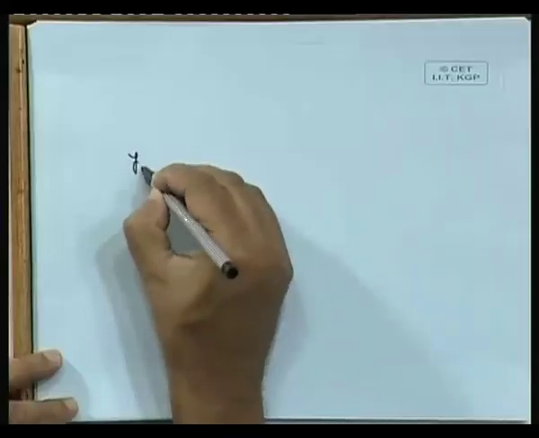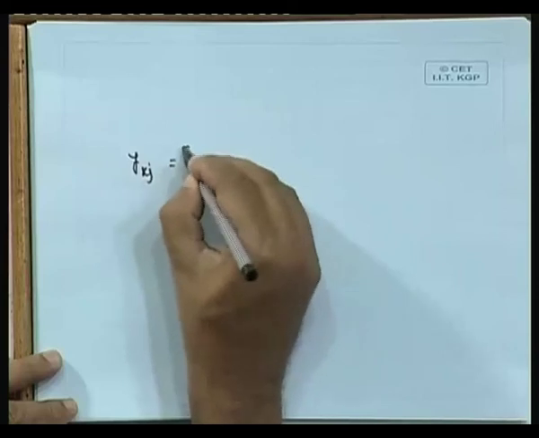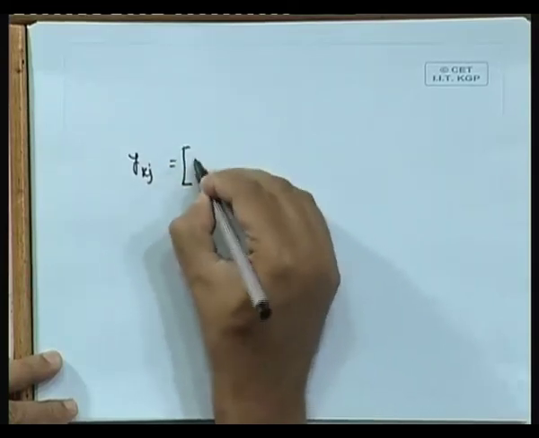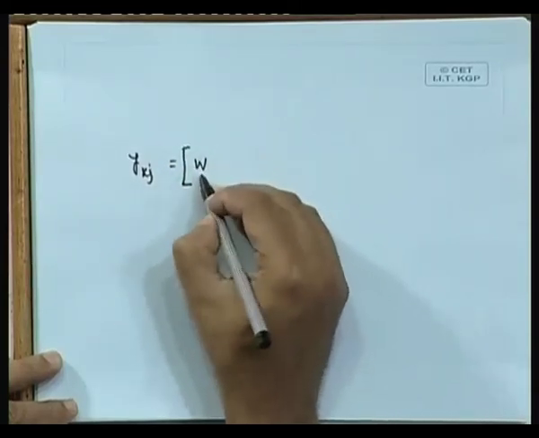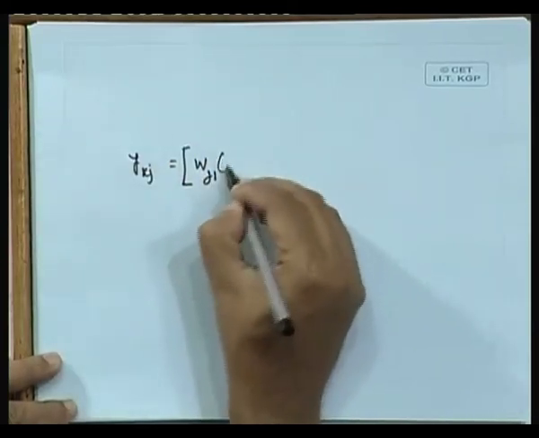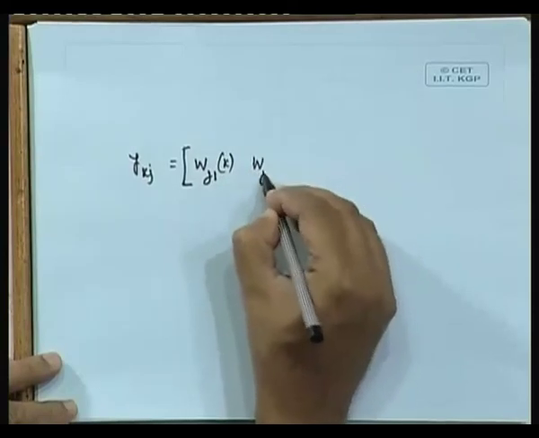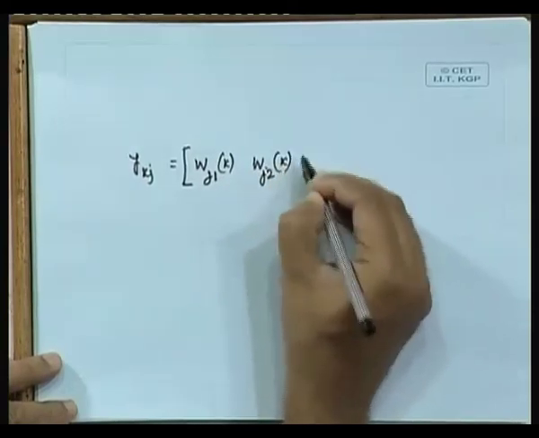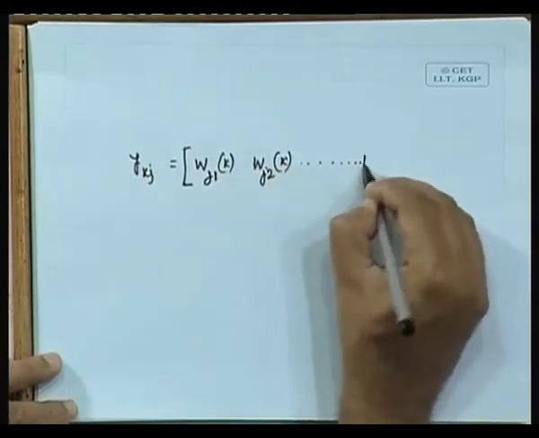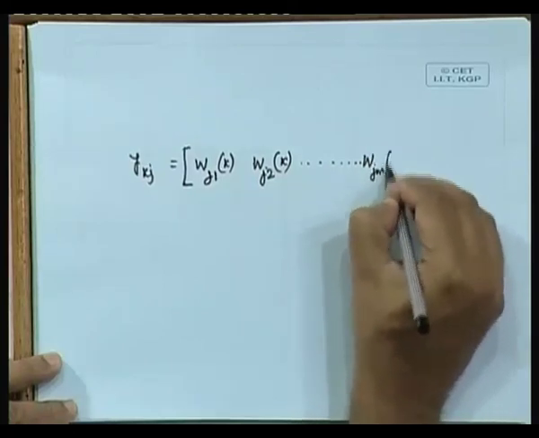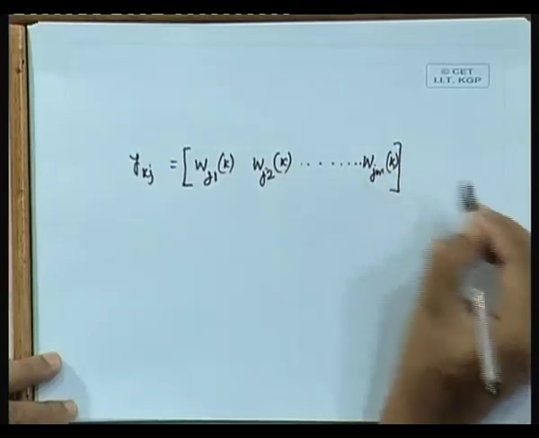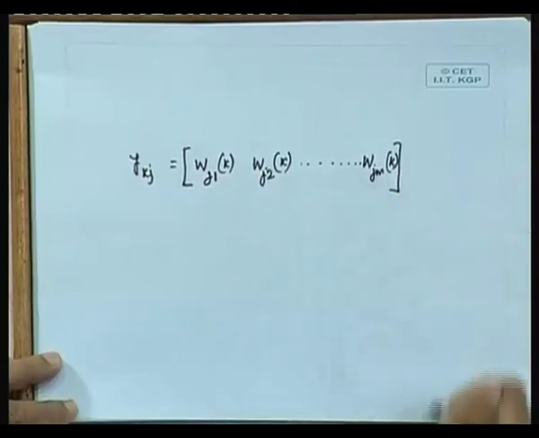This in matrix form we can translate like this. The same Ykj we can now write as Ykj equal to Wj1k, Wj2k, etc., up to Wjmk. These being the weight vector.